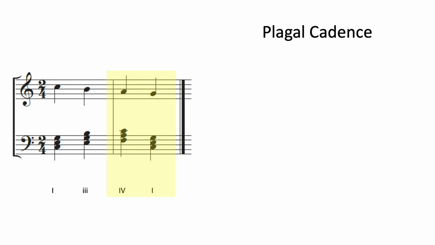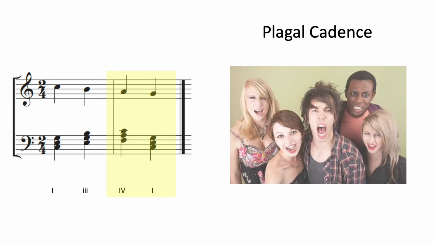So Plagal cadences, in addition to being famous for being in old church hymns, actually appear a lot in popular music. So we went from the church choir to the rock choir.